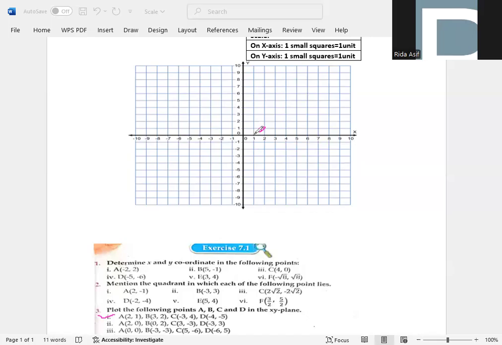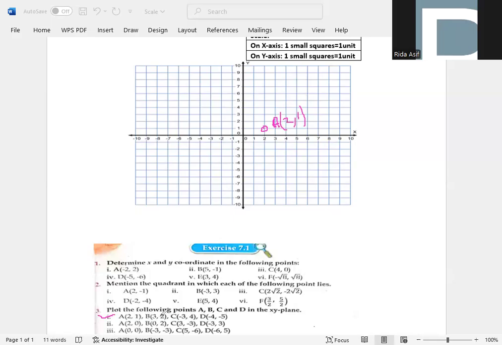We put the point with a sharp pencil, make a small circle, and mention that this is point A. A represents (2, 1), where 2 is the abscissa and 1 is the ordinate.